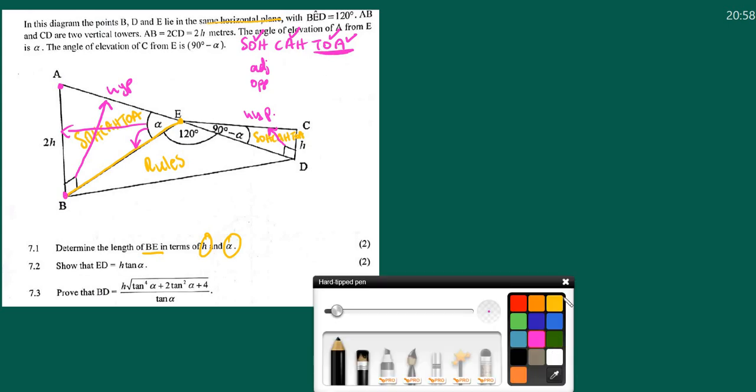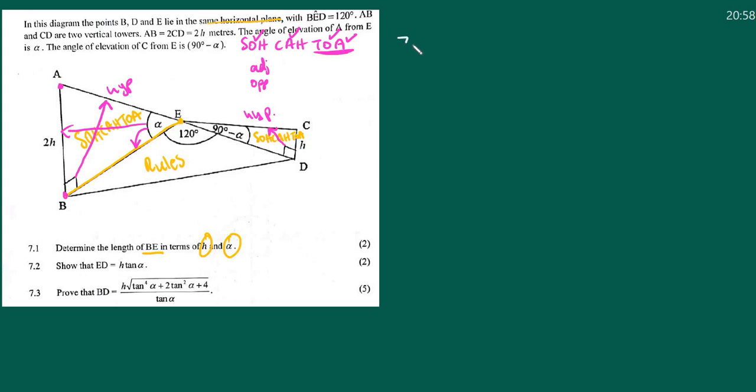So in that case, for 9.7.1, we are going to use tan. So we're going to say tan alpha is equal to opposite over adjacent. The opposite is AB. Adjacent is BE, right?